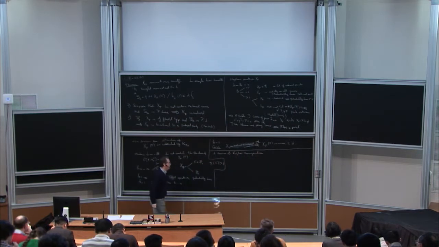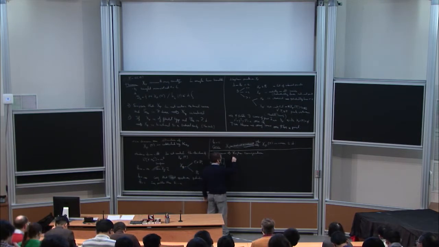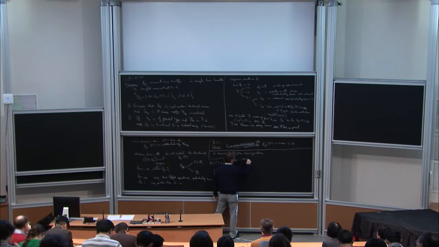So I need to introduce some notation. X_F is a smooth projective variety.